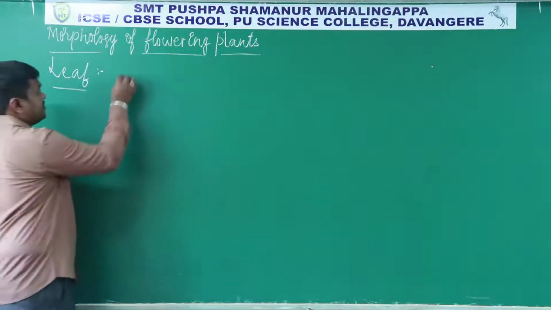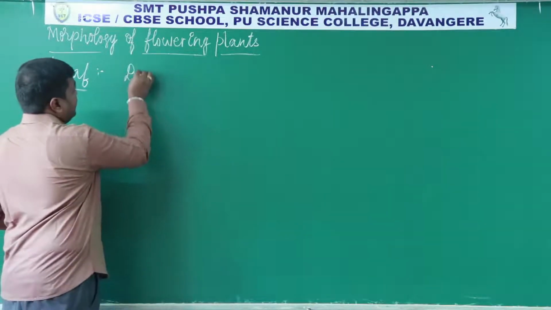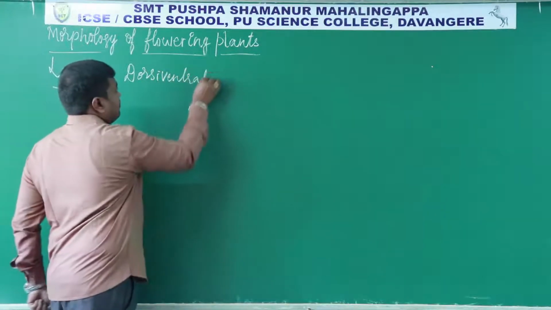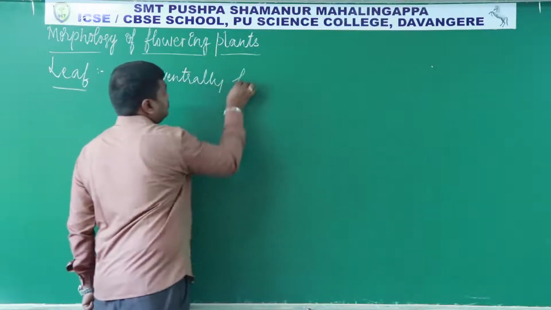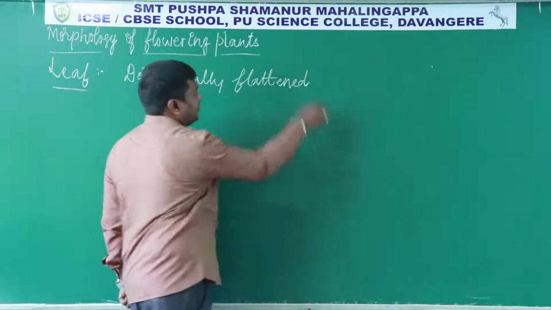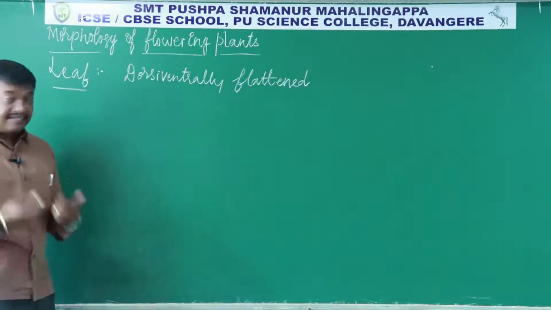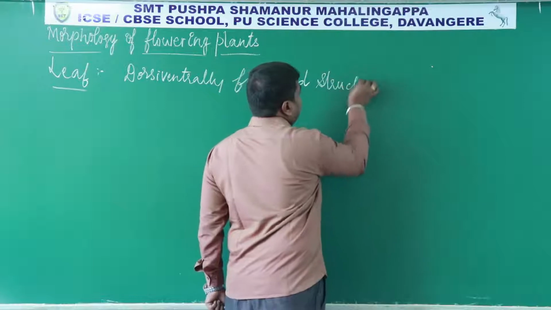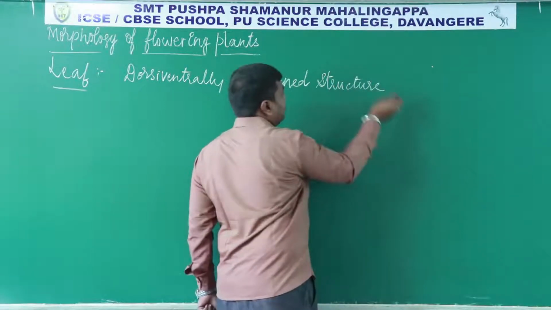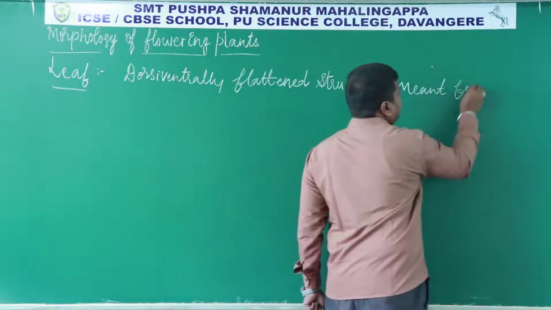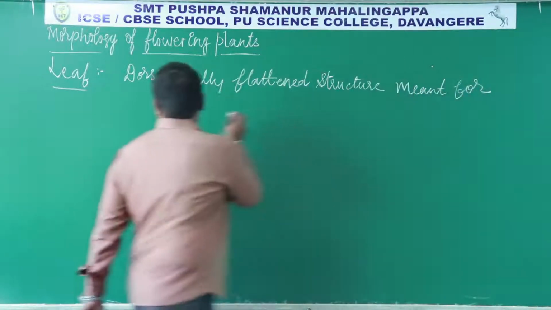So leaf is usually a dorsiventrally flattened structure meant for photosynthesis.